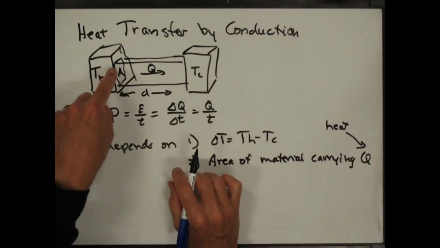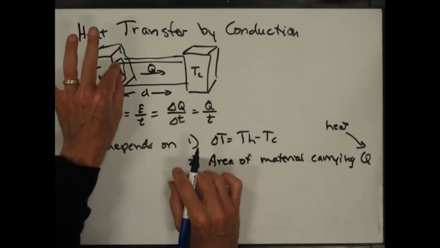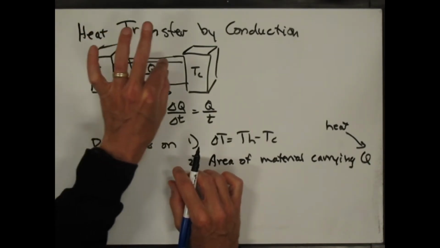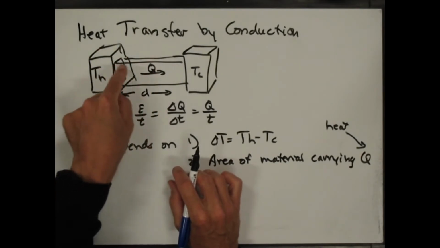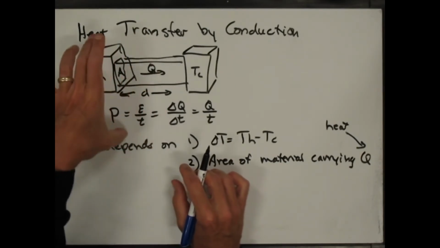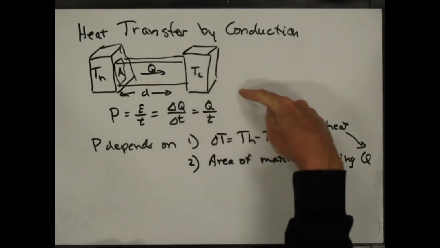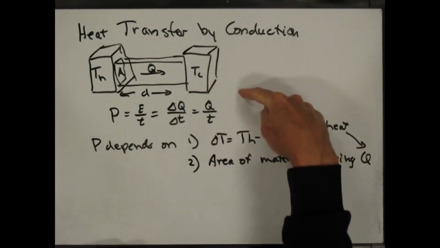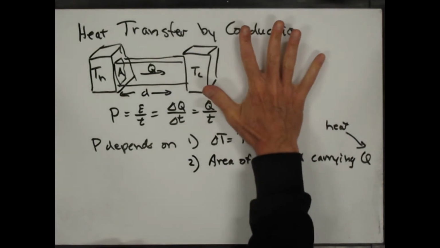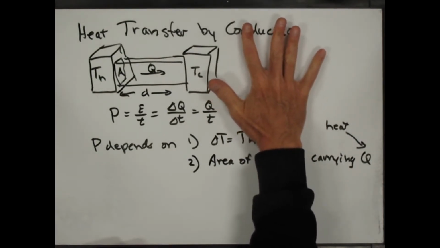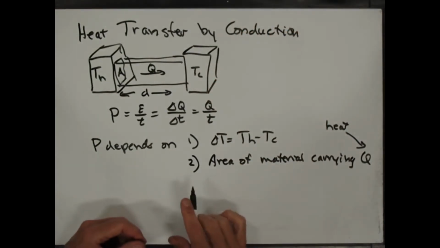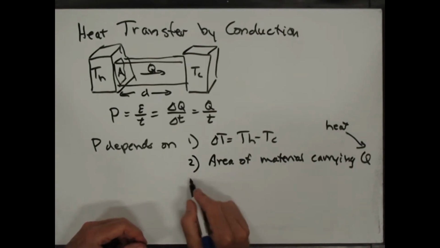But obviously, if there's just a tiny area of contact for the heat to move, then not much heat is going to transfer, right? The bigger the contact area, if you touch your finger to something that's really cold, not much heat is going to transfer. If you touch your whole hand to it, more heat is going to transfer, right? From your hand to the cold object. So the area matters. That's the area.